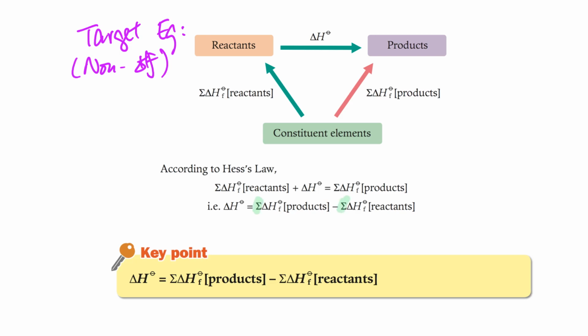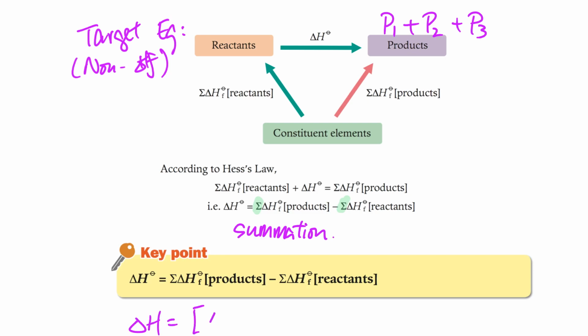This one is the summation. Summation means add up all the things. If you have product 1, product 2, product 3, then your equation would be formation of product 1 plus formation of product 2 plus formation of product 3.